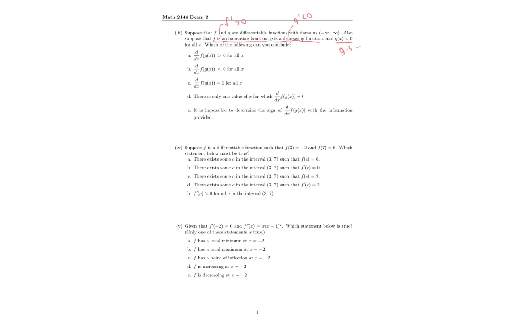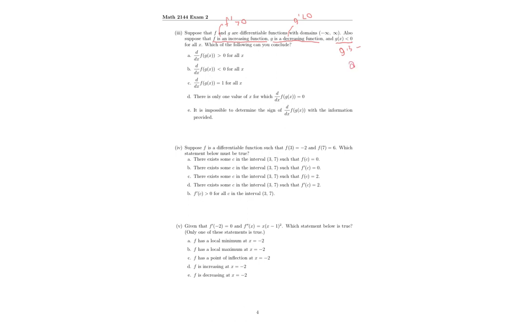What can we conclude? Well, the first thing they're talking to us about is our derivatives. And it's talking about f of g of x. So let's think about what our derivative of f of g of x is. This one's saying is it bigger than 0, so positive, less than 0, always going to be 1, always going to be 0, or we don't know.